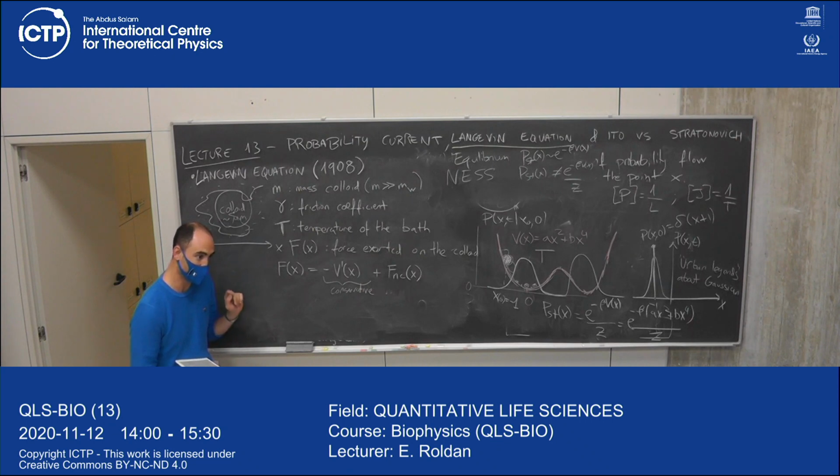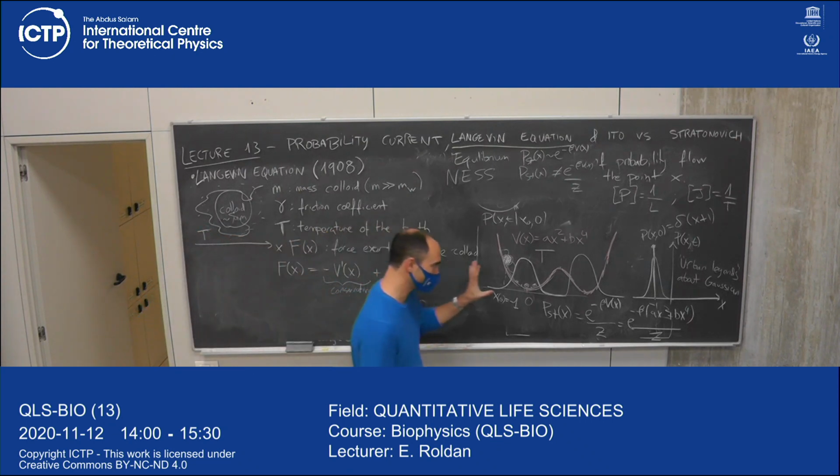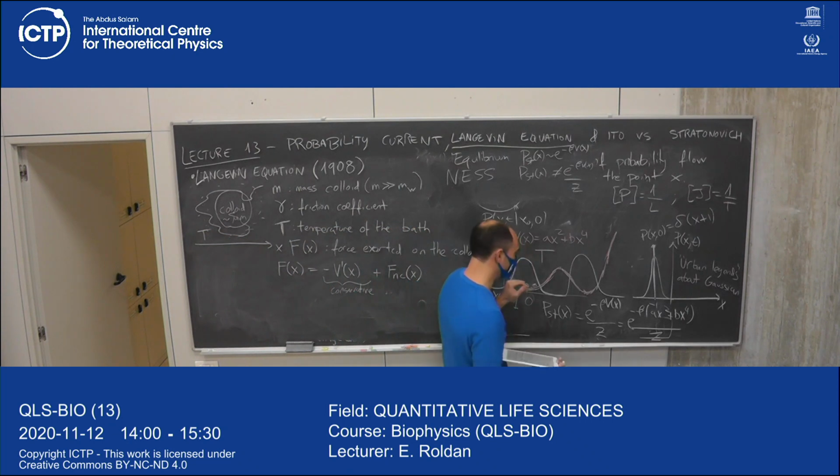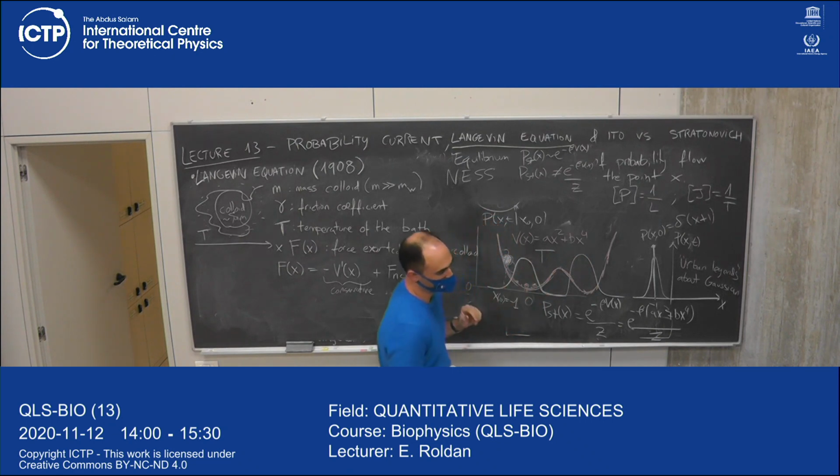So you could have a force not coming from a potential. For instance, there could be a force acting on a particle here that doesn't come from this potential. There is the potential, and there is something else. There is an agent that is doing something on the particle that is not captured by the potential. That is what is called non-conservative.